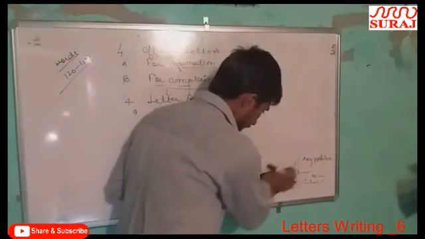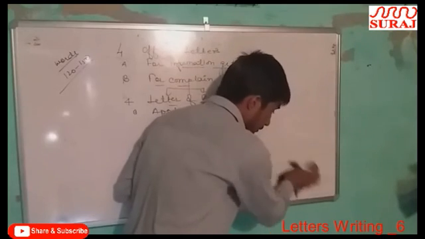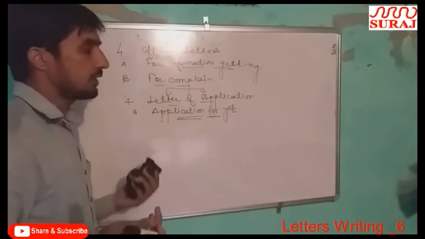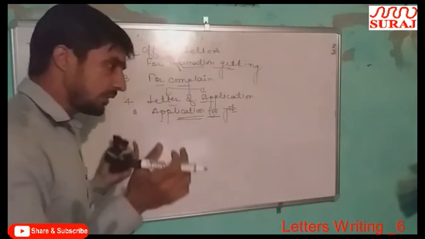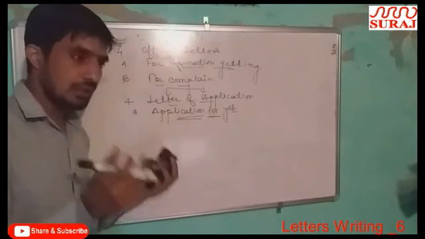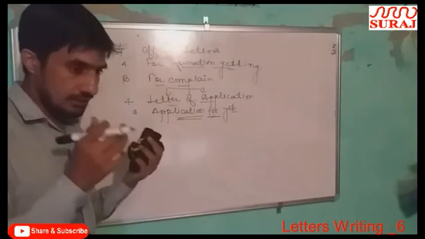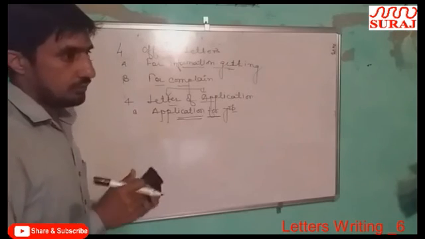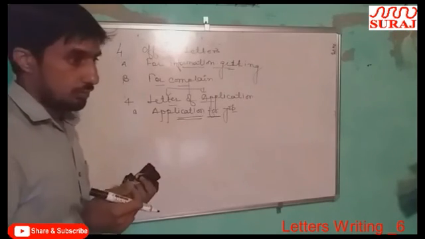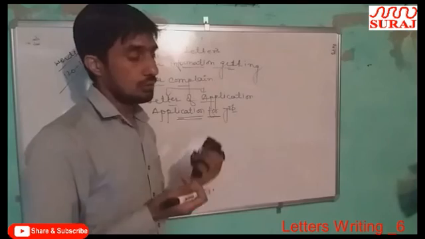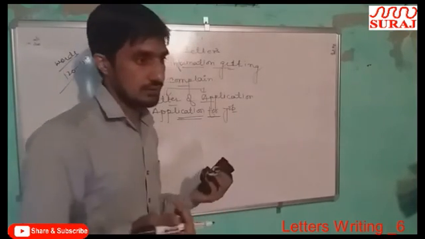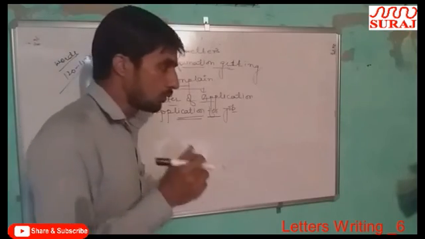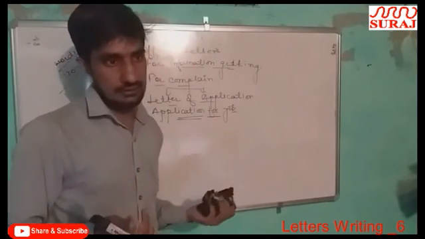And one thing more, you never write superfluous things, superfluous overwriting. You also mention all these things which are essential, which are indispensable, which we can't hide, we can't ignore. But you never write all those things which are not necessary. You write a letter in a crisp language. You also follow all the parameters of letter writing.